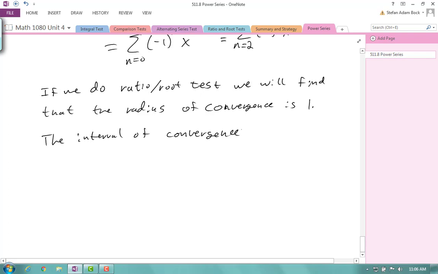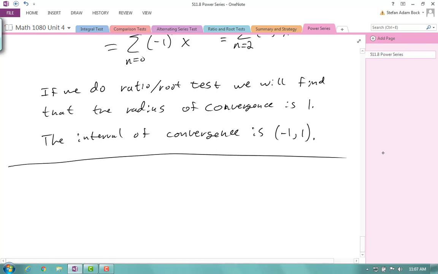Let's see, the center for this series is at 0, so this is negative 1 to 1. So this function that I wrote is equal to this power series on the interval from negative 1 to 1. So we'll do another one, because I don't think the book does this as an example.